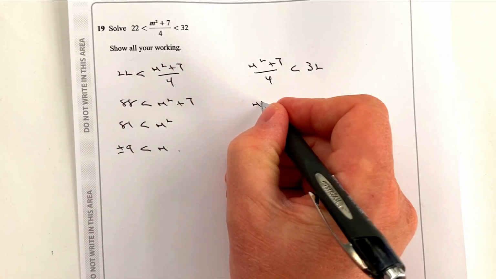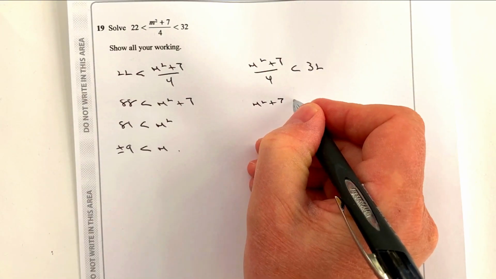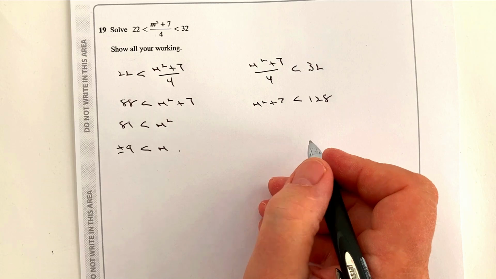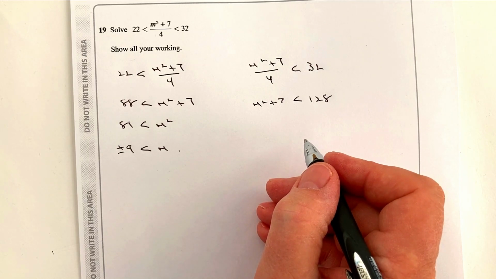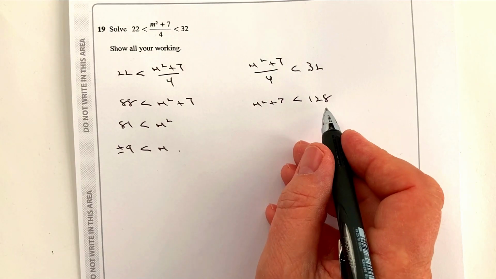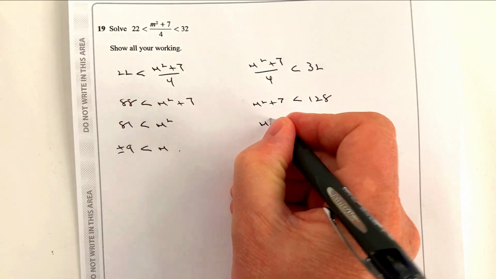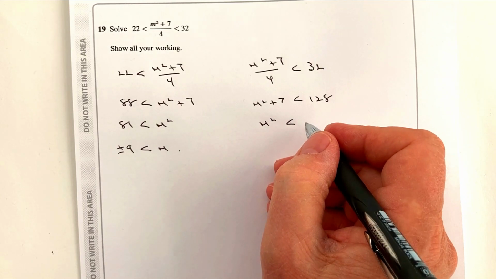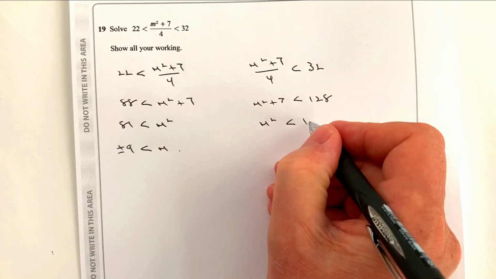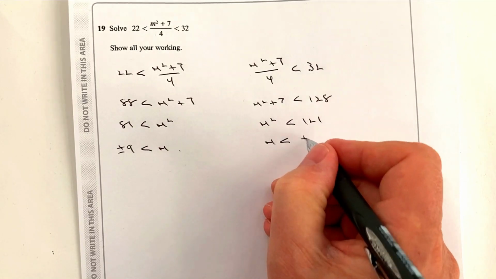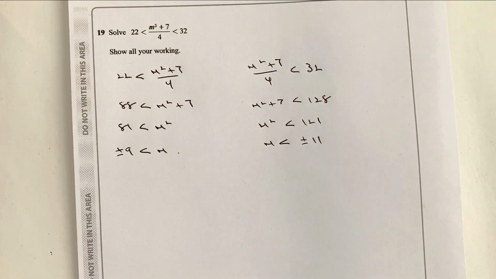So I get m squared plus 7 is less than 128. That's perfectly fine. Then I minus 7 from both sides, and I get m squared is less than 121, therefore m is less than plus or minus 11. So we've got two values now.